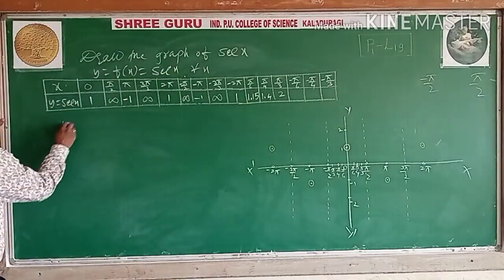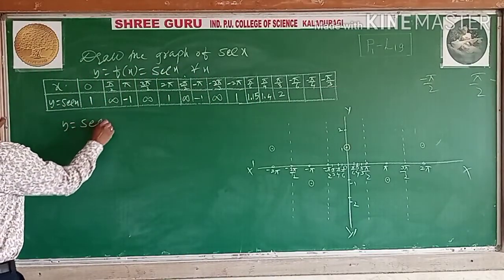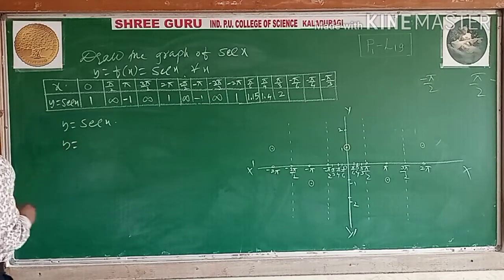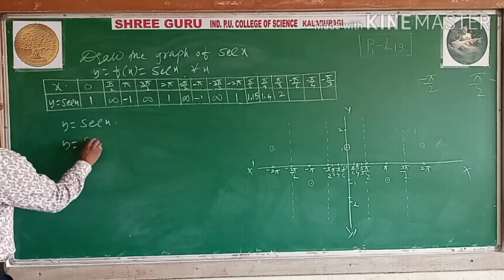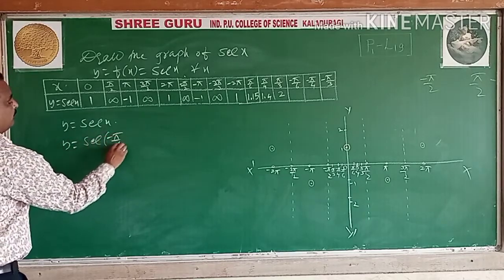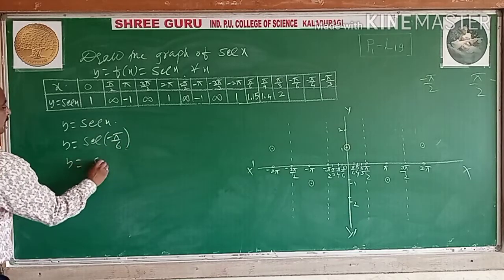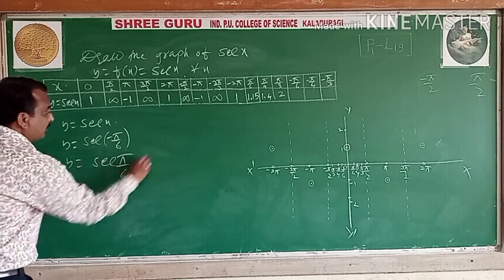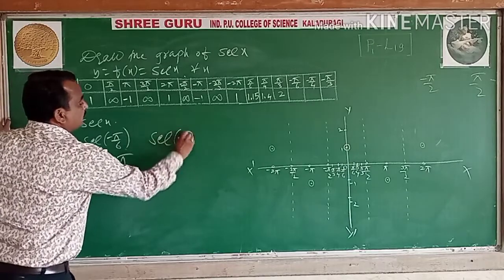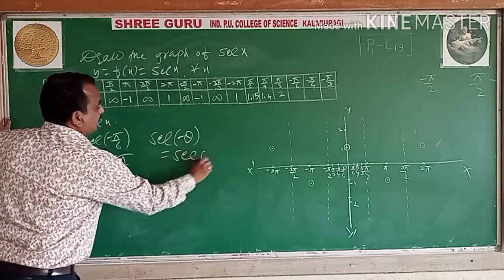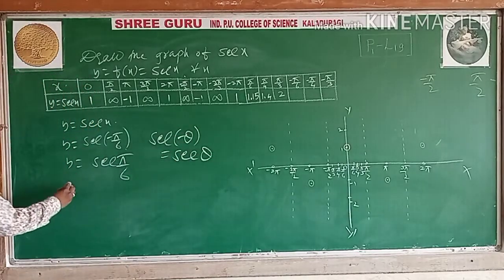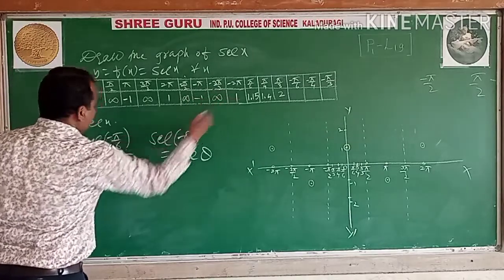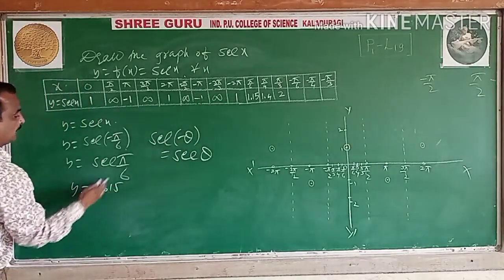For y equal to secant of minus pi by 6, we use sec of minus theta equals sec theta, so it becomes positive.